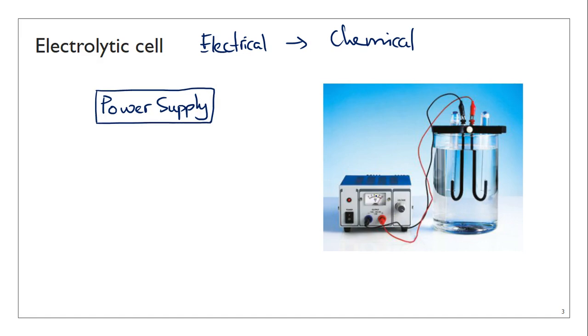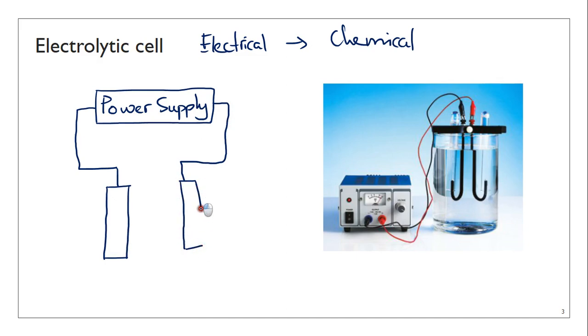You do need to show, and I think it shows here, that the power supply is connected to the two electrodes. So let's say this side is connected to one electrode, and the other side is this electrode.